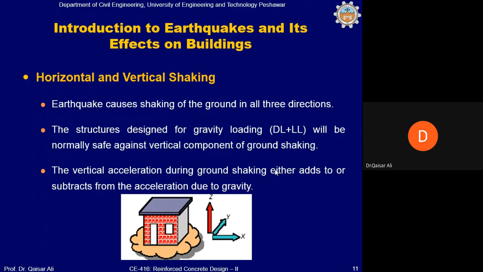If the acceleration direction is upward, then the weight of the structure, which is acting downward, will be deducted from this upward acceleration times the mass. So at that particular instant of time, the weight of the structure will be reduced.